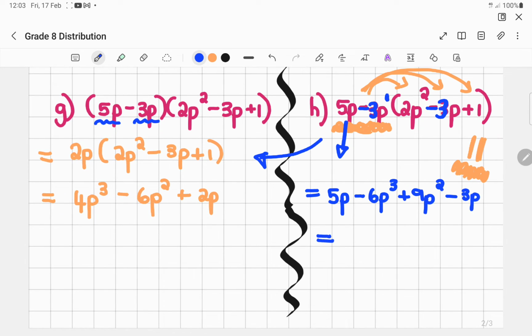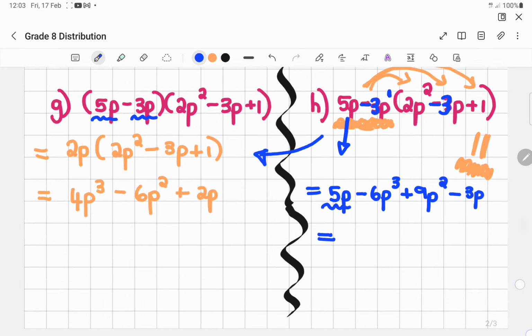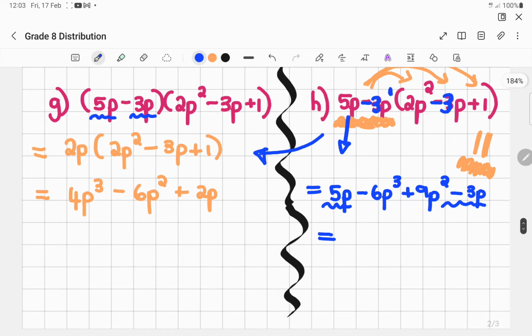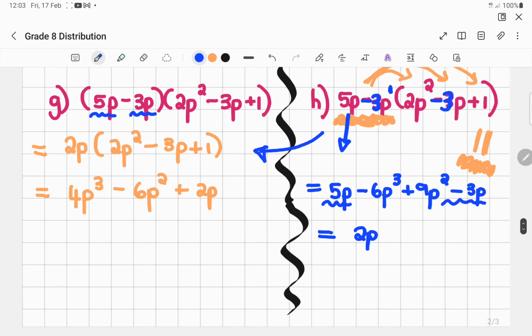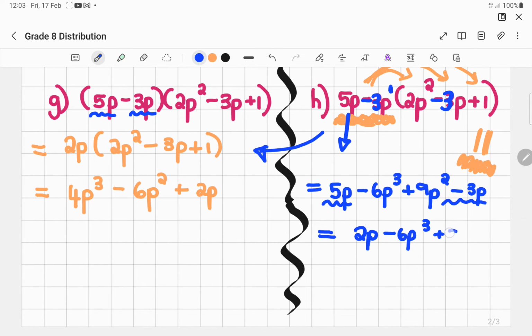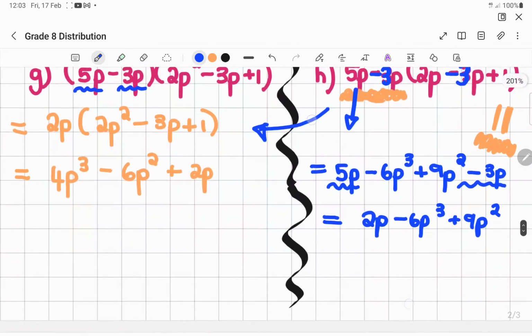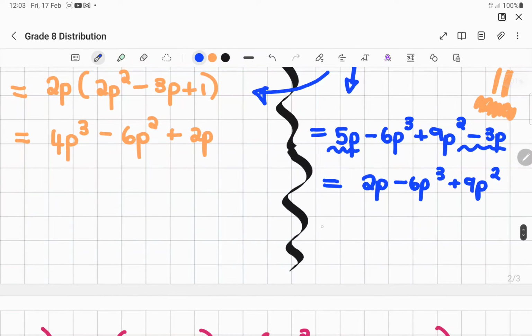And then, are there any like terms? Yes, we've got 5p minus 3p, which is 2p. And then minus 6p to the power 3 plus 9p squared. You'll see later on, it's not wrong if you leave it like this, but mathematically, we always write it in descending order of exponents.